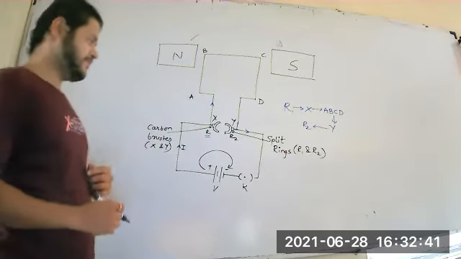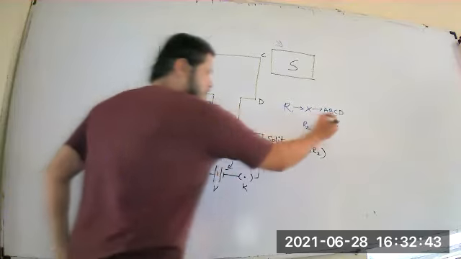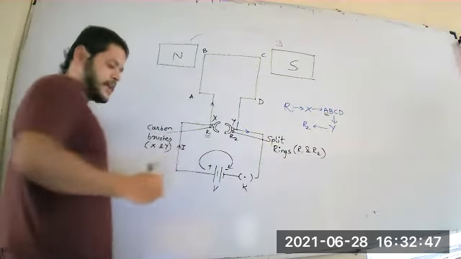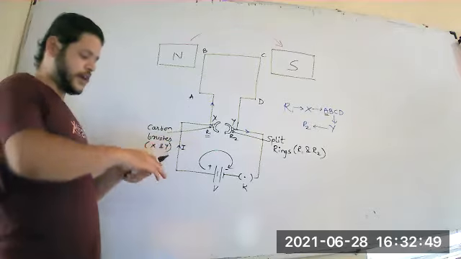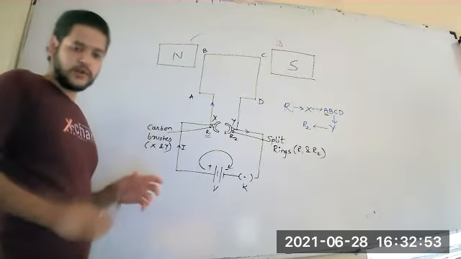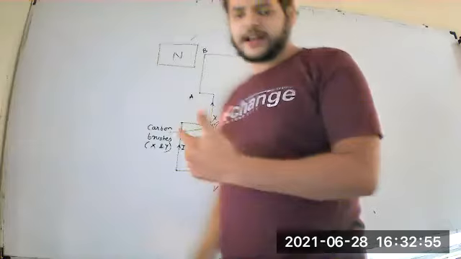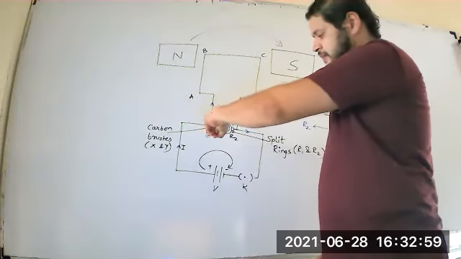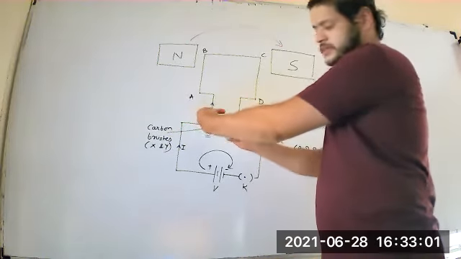Now see what happens when the current comes at point A. The current is going inside the board, or inside the wall. So what will happen? Let us apply the left hand rule. This is my direction of current, this is the direction of field.